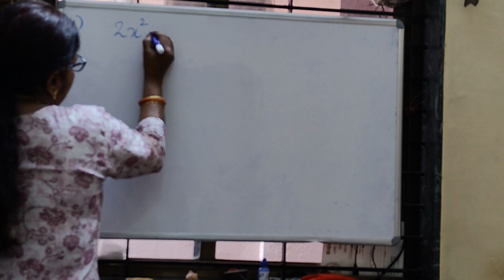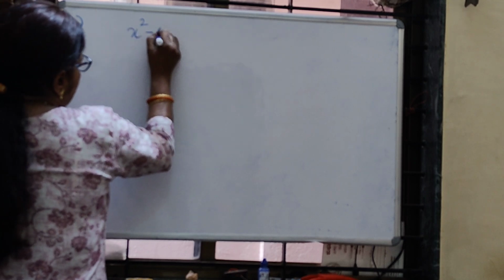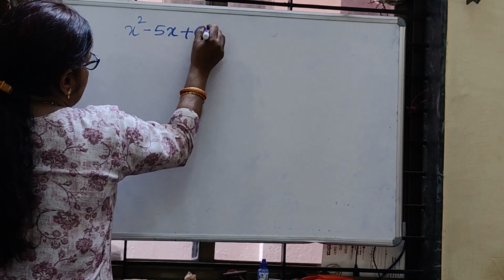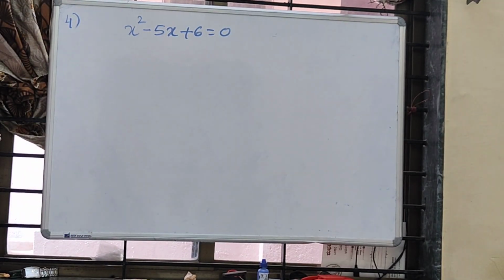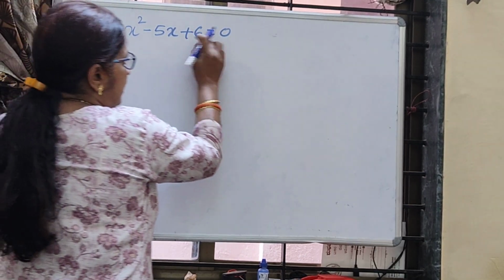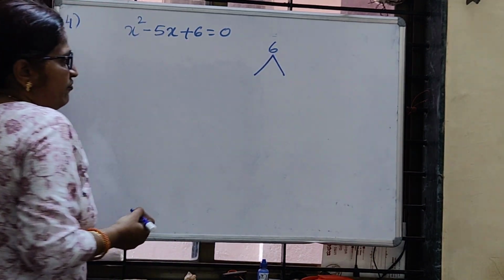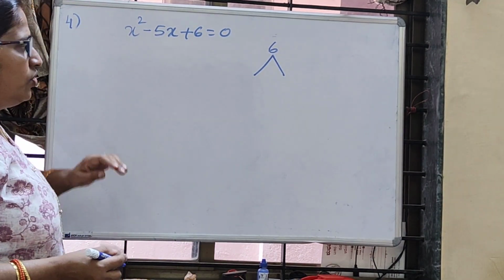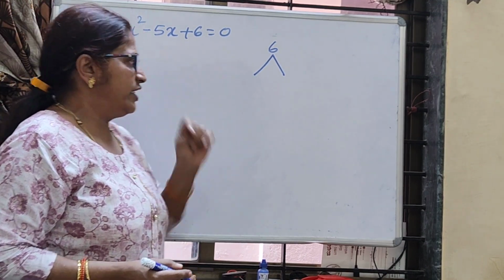Take x square minus 5x plus 6 is equal to 0. Solve this by the factorization method. How are we going to find the factors? Write the factors of 6 here: 1 into 6, 3 into 2. 4 factors are there.